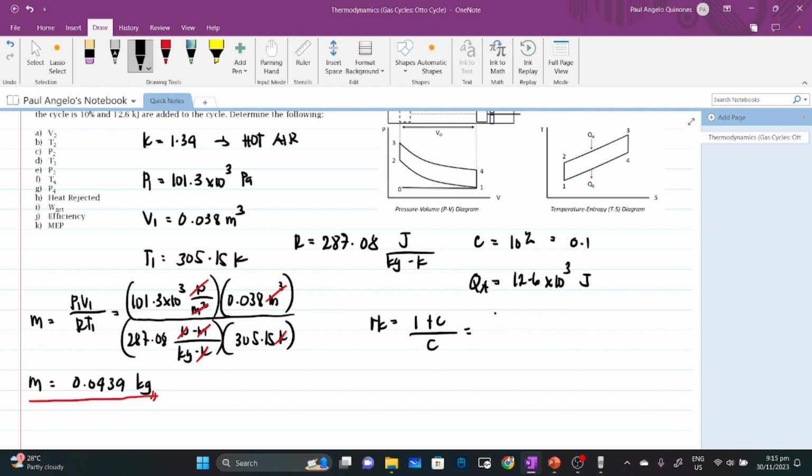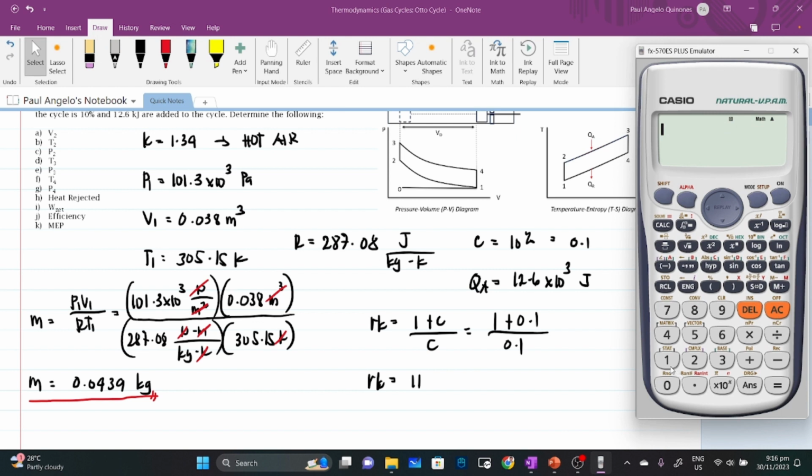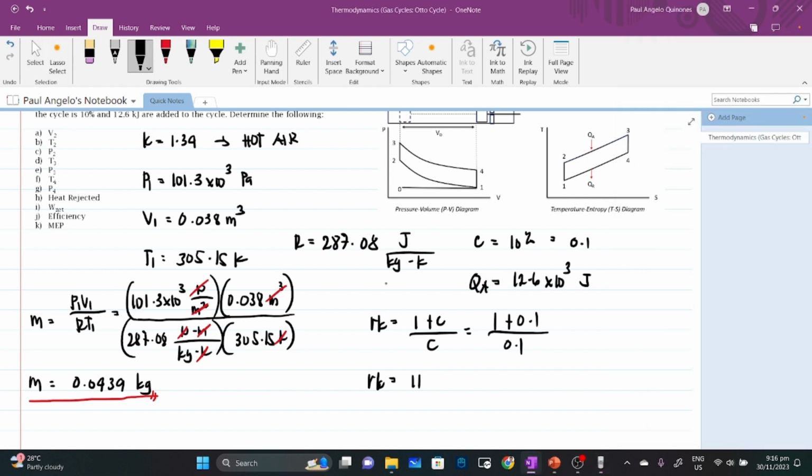So this is 1 plus 0.1 over 0.1. 1 plus 0.1 is 1.1, divided by 0.1, that is roughly 11. Let's double check: 1 plus 0.1 divided by 0.1 is 11. So we have a compression ratio of 11.